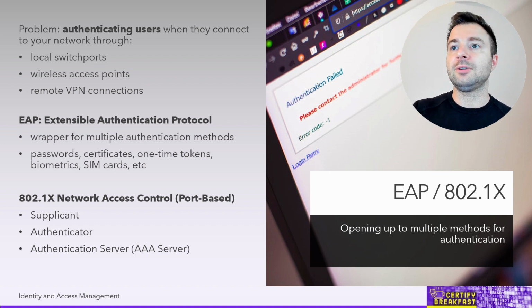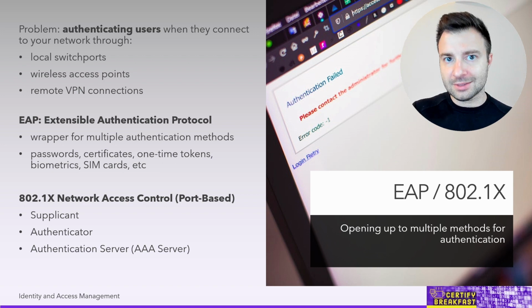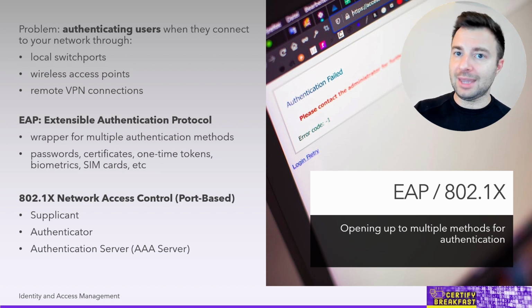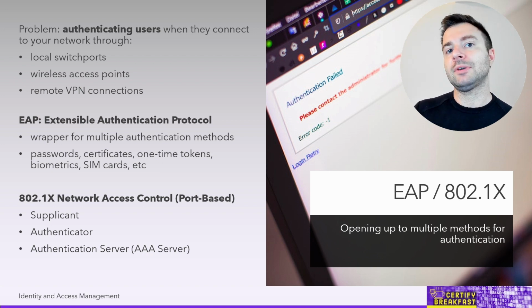If they are, the authenticator receives a valid response from the AAA server and then unblocks the network port, the actual network interface through which that device is attempting to access the network. And of course, if a negative response is received, then the port remains in a blocked state, allowing only authentication traffic to go through, but not any other type of data.